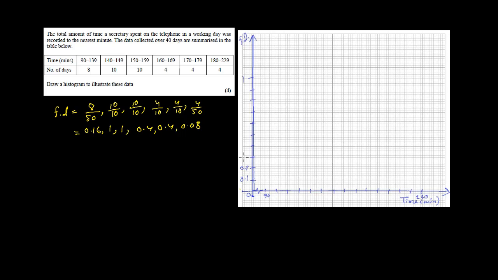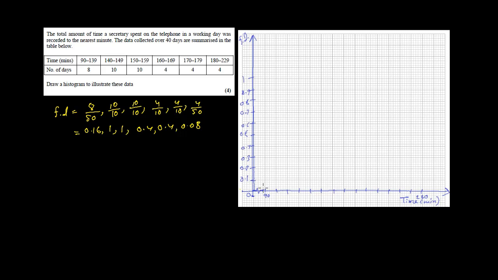So 0.1, 0.2, 0.3, 0.4, 0.5, 0.6, 0.7, 0.8, 0.9, and we have 1. So 90 to 139 means 90.5. It doesn't have to be that accurate.